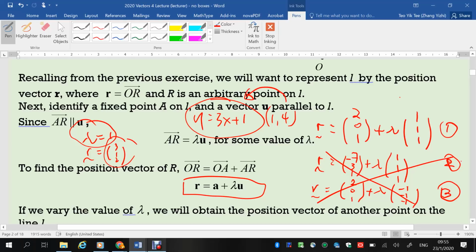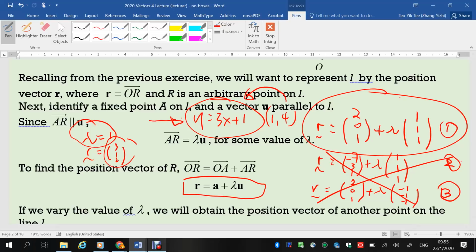Understand the equation of a line? Okay. Don't think too much here. Just look at y equals 3x plus 1. When I substitute x equals 1 into 3x plus 1, what do I have? y equals 4. So what is this (1, 4)? A point on your line y equals 3x plus 1, right?